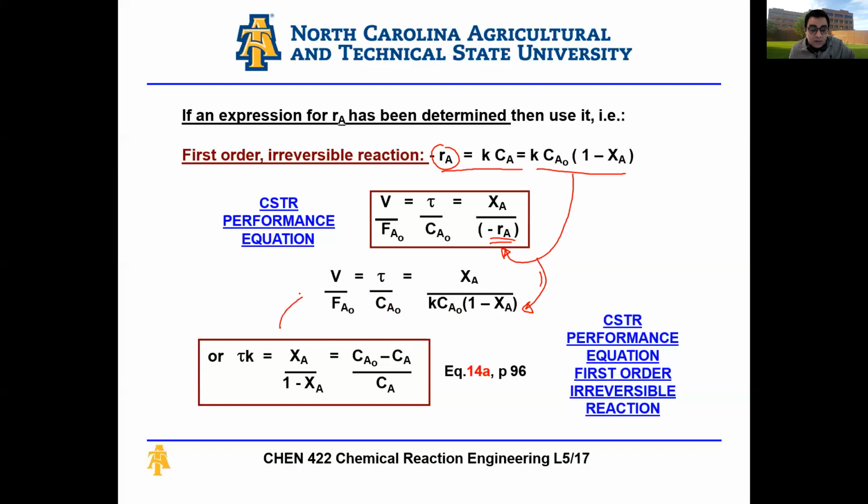So again, same idea. Your starting point will always be the performance equation. Then you understand your reaction rate, your elementary reaction. You get your reaction rate, plug it in here, you get your performance equation, okay? And this is a shortcut. This is the CSTR performance equation for a first order irreversible reaction.